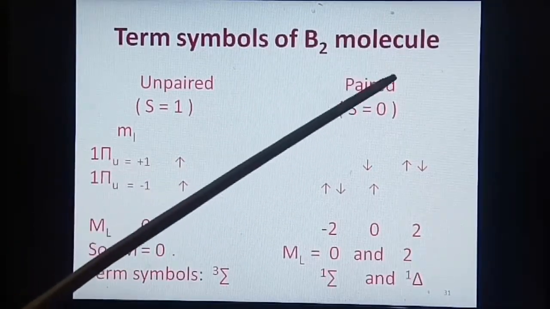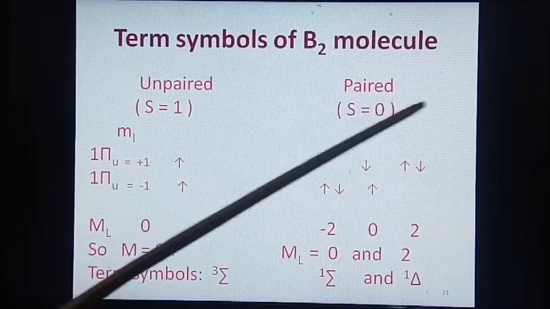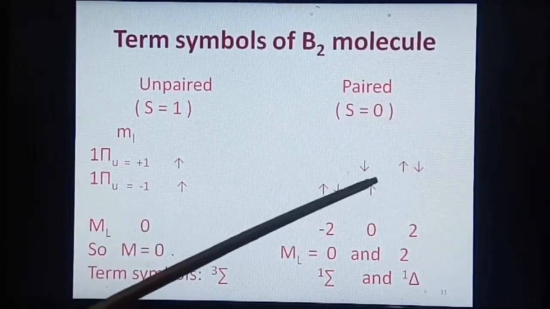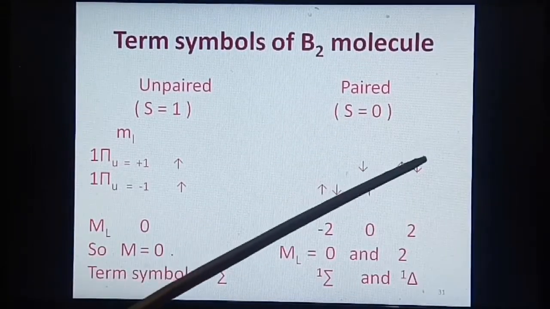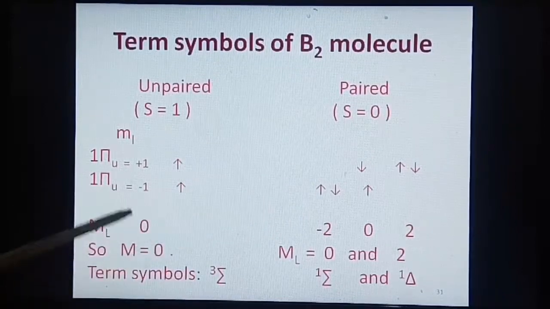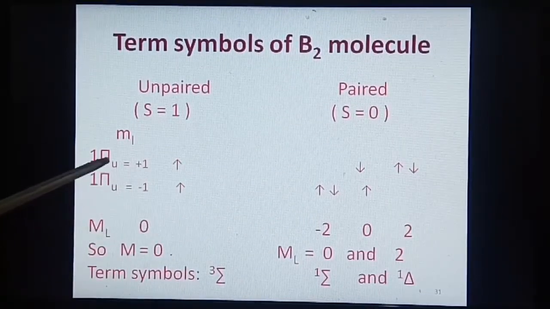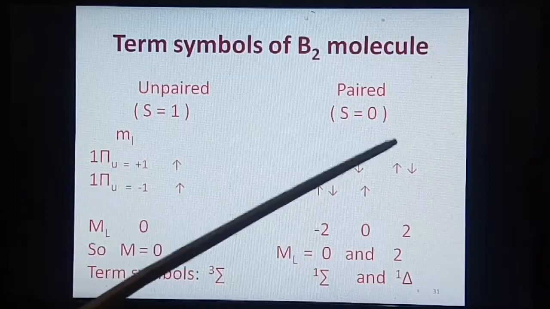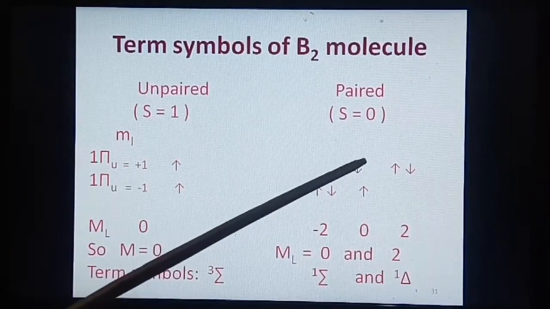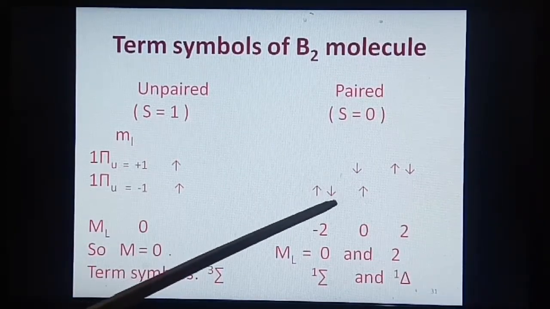If the electrons are paired, these are the possibilities of pairing. The first possibility is that in this orbital the electrons are paired with opposite spin.